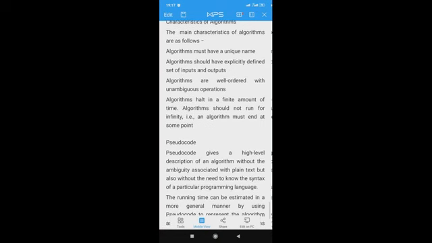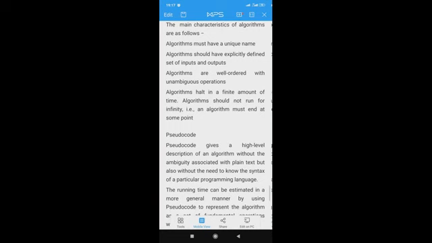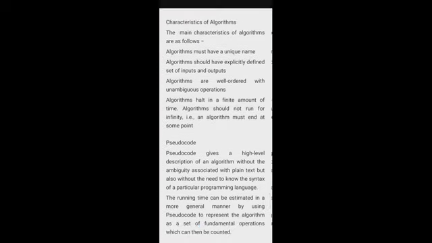What is pseudocode? The second question is: differentiate between pseudocode and an algorithm. That will be the question for today. Please make sure you do them.